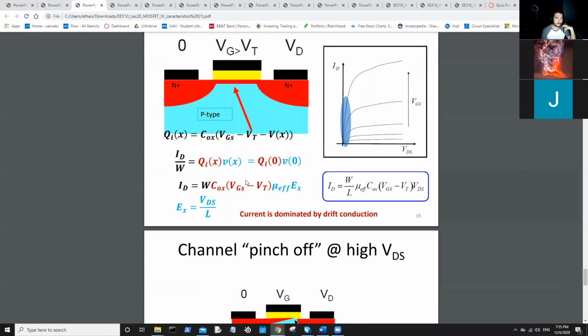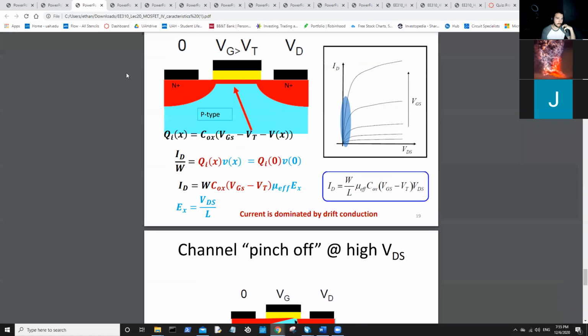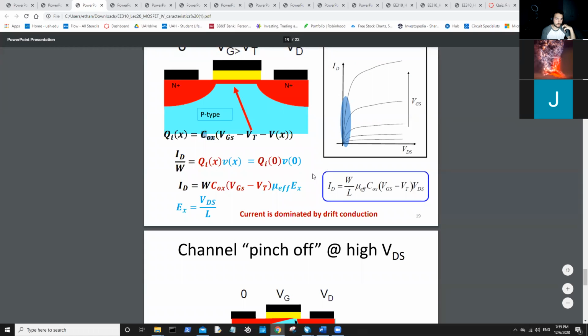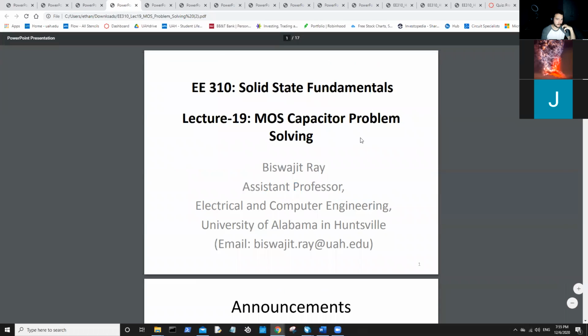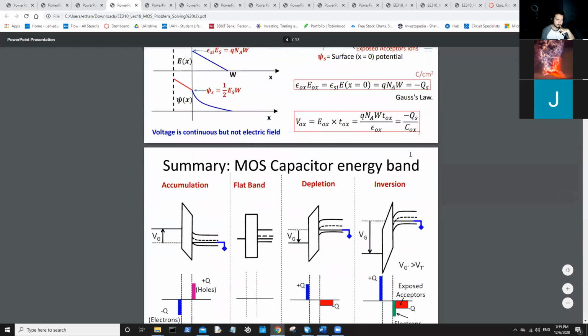Here are some formulas. Oxide capacitance. Looks like we found what that might be. Cox. So now we have to find where Cox is defined. I think it's defined over here somewhere. Here it is. It appears again.